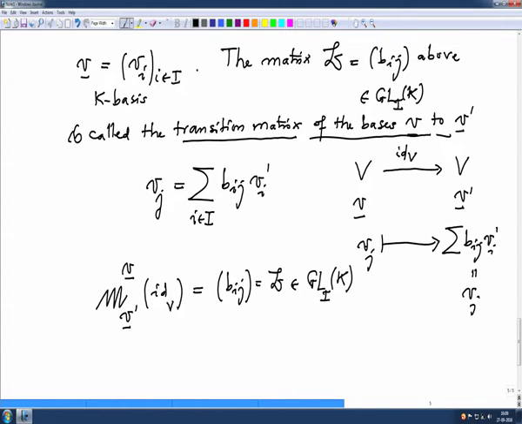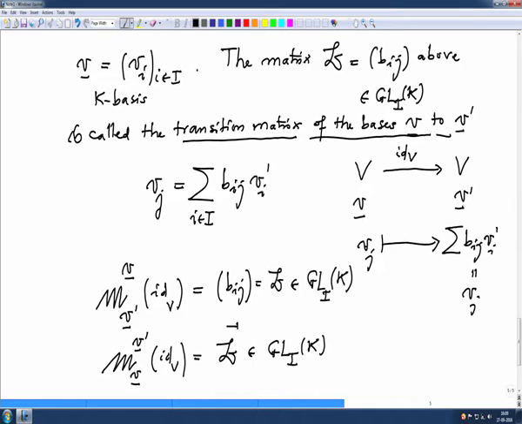Okay. And what is the other way then? Now the matrix of the basis V prime to V, of Id_V, that will be nothing but the inverse, B inverse, which is again in GL_I. Because when you compose this you get the identity, but it's V to V, so it's clear.